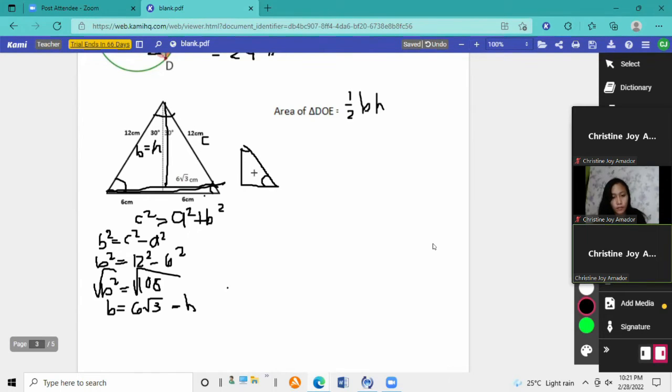Wait. This is 60, this is 30, and this is 90. So 30, 60, 90 is a special right triangle. And based on the 30, 60, 90 special right triangle, we let the side of the 30 degree, we let that as x.